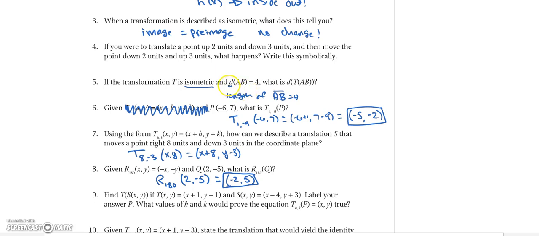Over here, we're asking what's going to be the length of AB after the transformation, so the length of A prime B prime. Well, we know that it's isometric, so it's also going to be 4. That's all we're saying there.